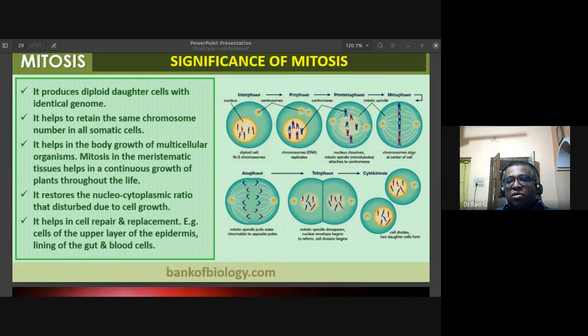All of those who had cut the onion root tips properly came and reported to me, sir, there is no growth of the onion and the onion has decayed. Why did the onion decay after cutting the root tips?